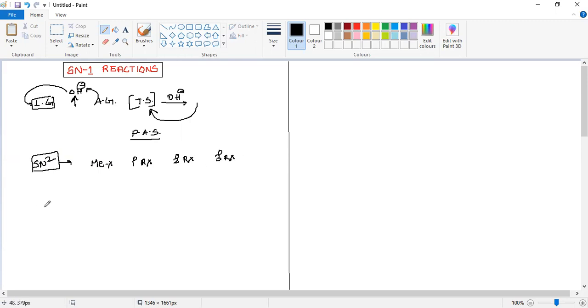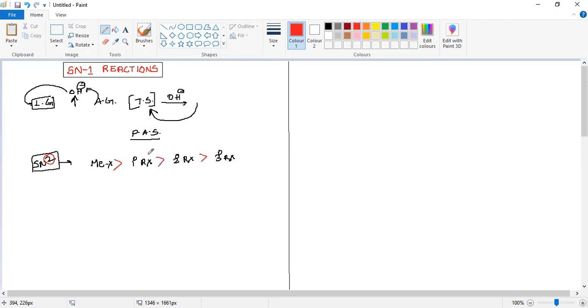Which one is more reactive towards SN2? I have already given one hint: the lowest one has the higher reactivity, on the opposite side. So methyl halide is like this.